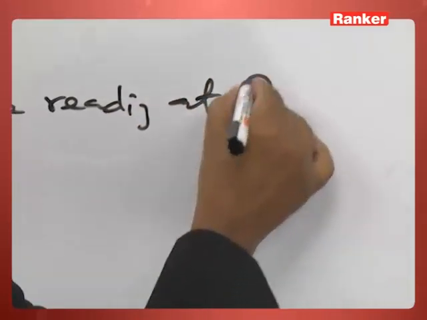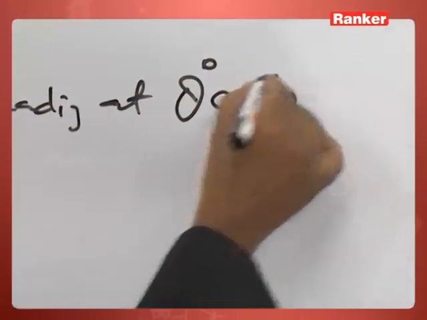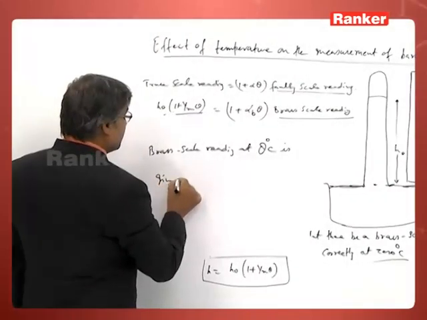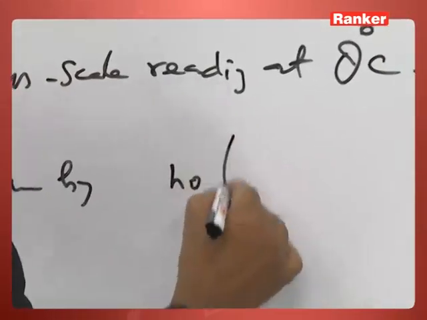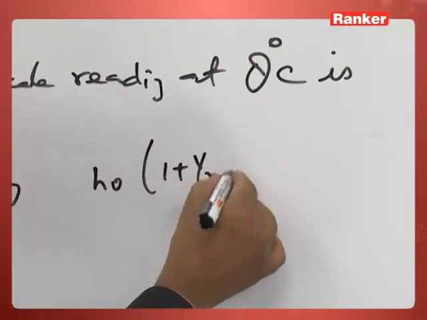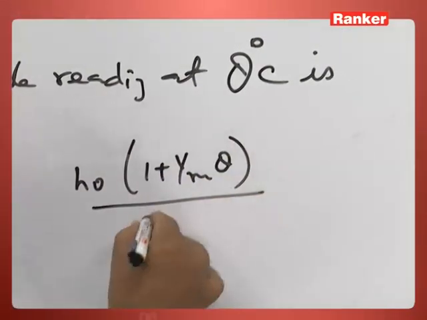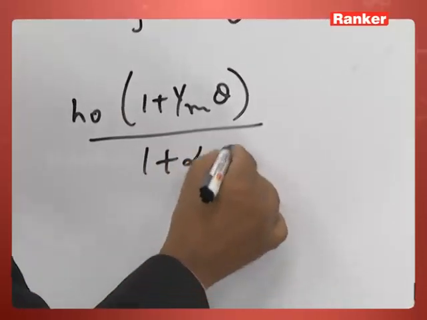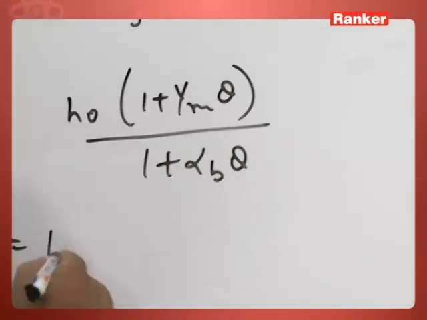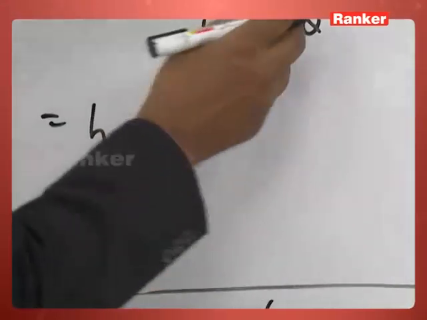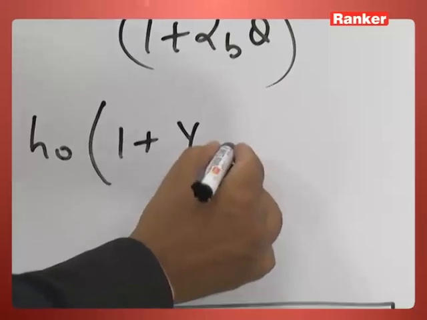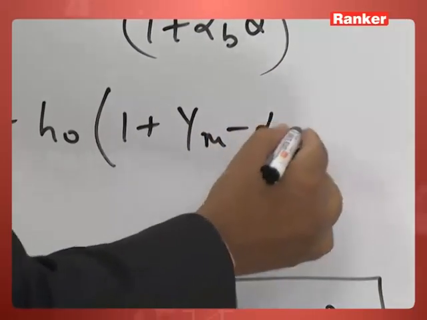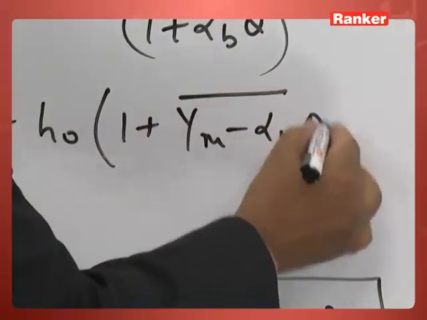So the brass scale reading at theta degree centigrade is given by h naught times 1 plus gamma mercury into theta, divided by 1 plus alpha brass into theta. On simplification and taking the binomial approximation, that is h naught times 1 plus gamma mercury minus alpha brass, times theta.